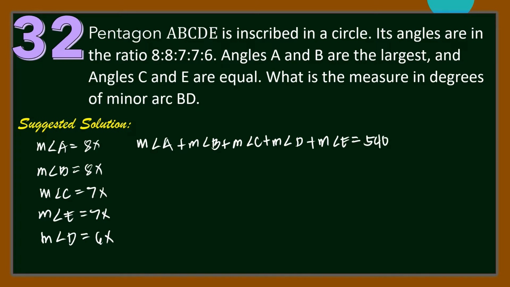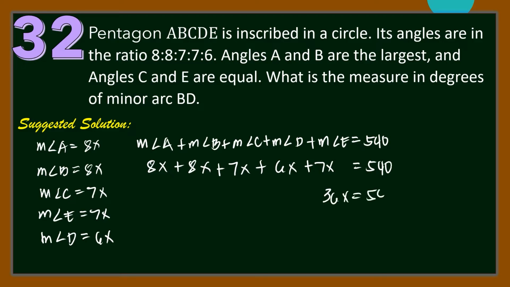Then we have 8x + 8x + 7x + 6x + 7x = 540 degrees. Adding the terms in the left-hand side, we have 36x = 540 degrees. Then we have x = 540 divided by 36. This is equal to 15.